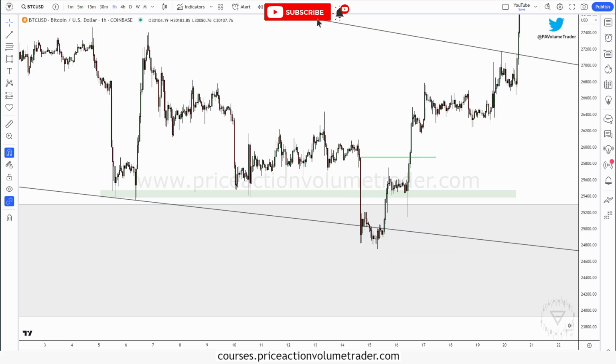Or if we're looking at, for example, an ICT breaker, well, in this case, this consolidation basically was the last push up before the low that broke here.